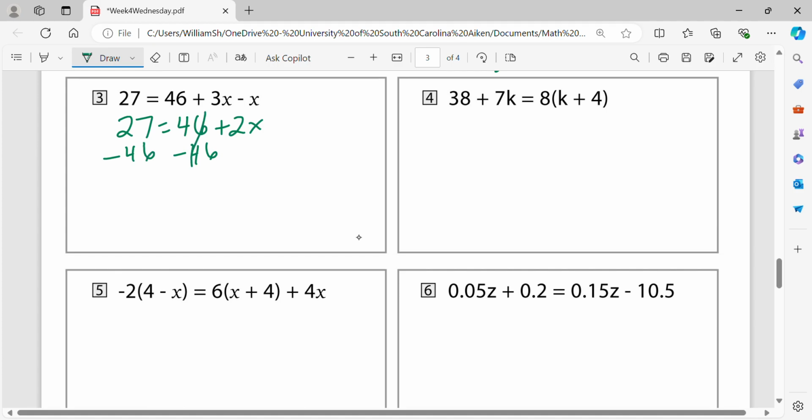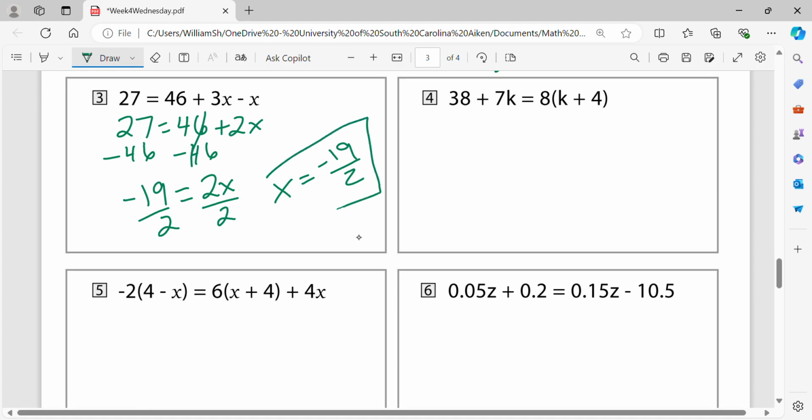This should give us, let's see, it's a little bit harder one, isn't it? I'm trying to do it mentally. It gives us negative 19 equals 2x. Then we can divide by 2.